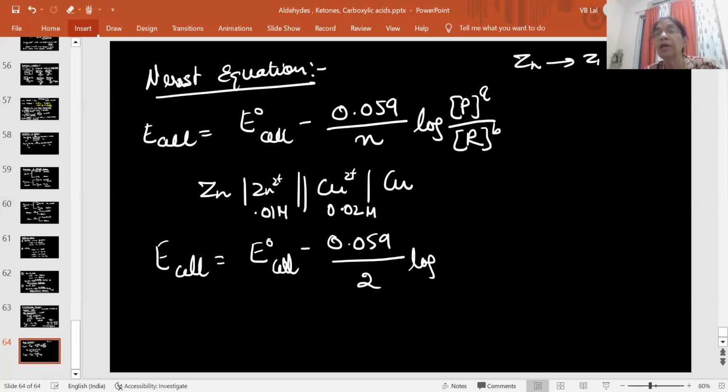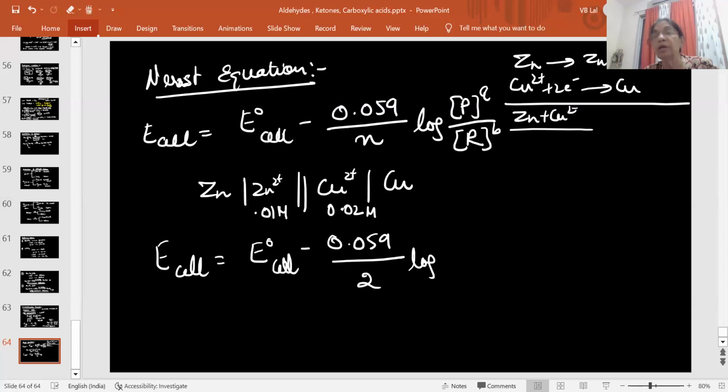Zn giving Zn2+ plus 2e-, and Cu2+ plus 2e- giving Cu, right? So what is the overall reaction? Zn plus Cu2+ giving Zn2+ plus Cu, right?